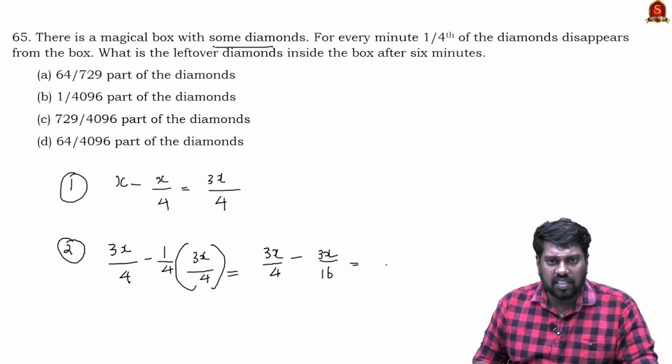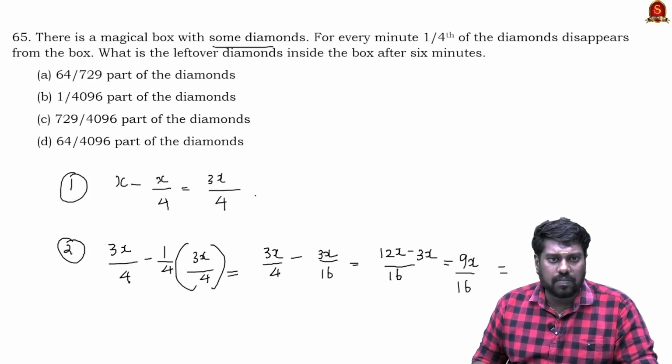If I take the LCM, it will be 16; 4 3s are 12, so 12x minus 3x, which is equal to 9x by 16. How can I write this 9x by 16? Compare it with the first minute, where we have 3x by 4. I can say it is 3 by 4th of 3x by 4.